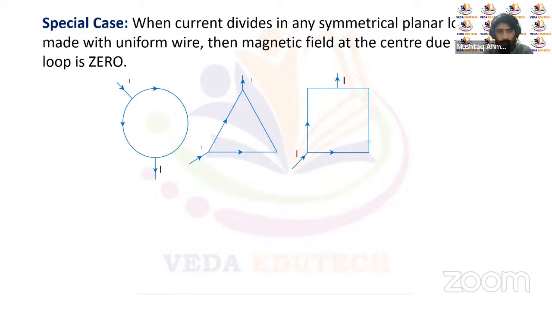It will always be zero because through different junctions, you can see here, this is the point P, from where the current enters the loop, and this is the point C at which the current leaves the loop.